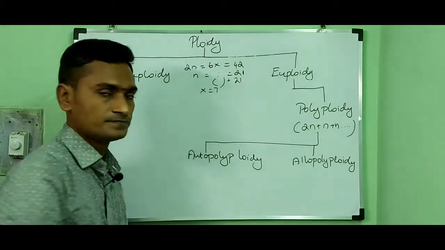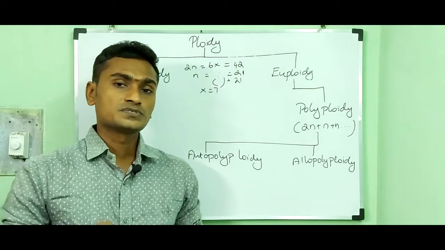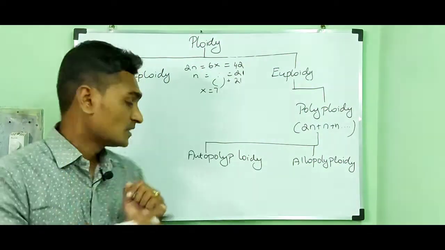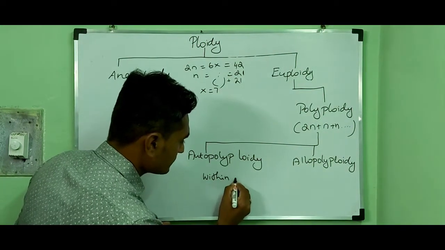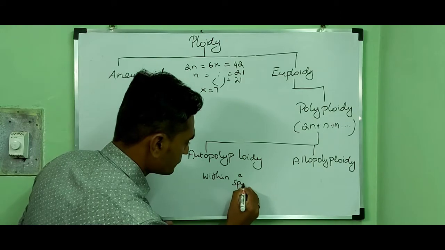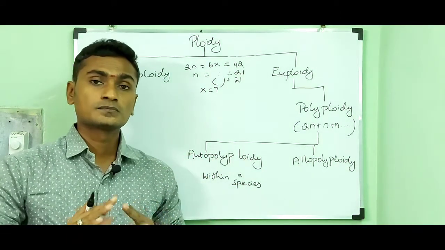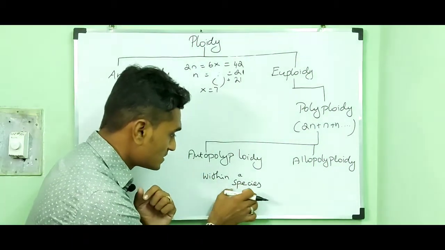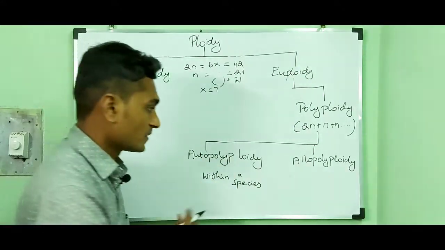Autopolyploidy means that in this condition the organism possesses more than two sets of chromosomes derived from within a species, and that condition is called autopolyploidy.